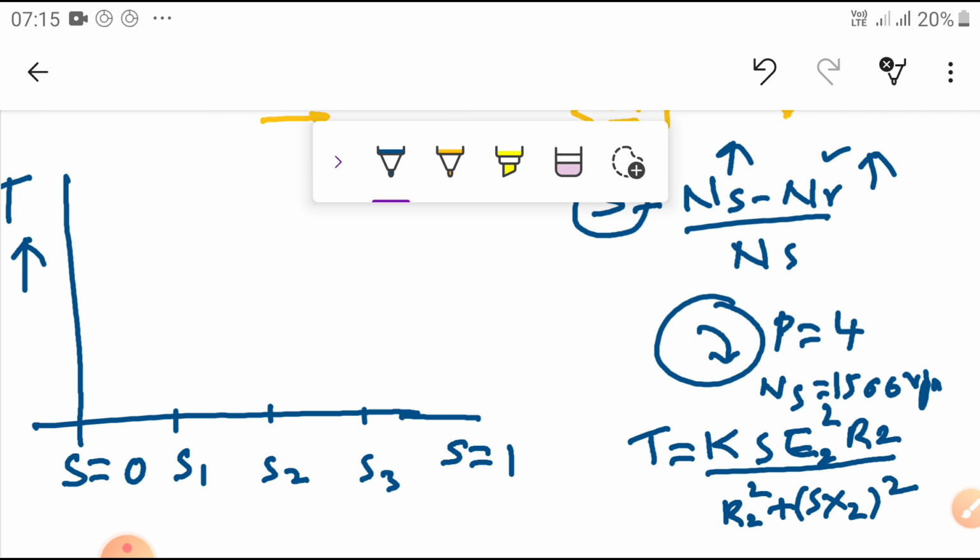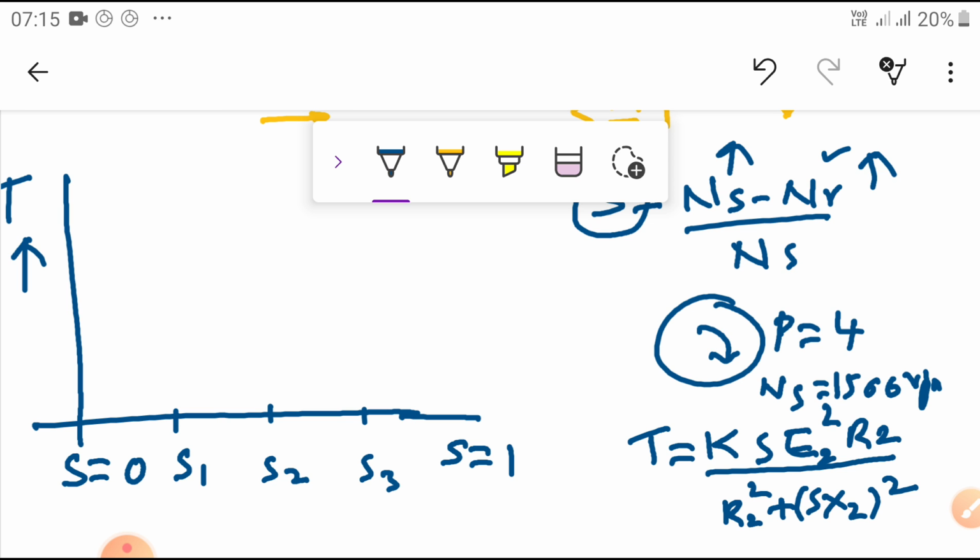So this is the equation we have already seen. Now I am going to use this equation for analysis of this torque slip characteristic. Now first you take case 1 at S equal to 0.